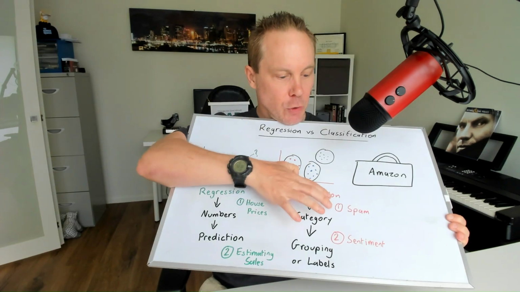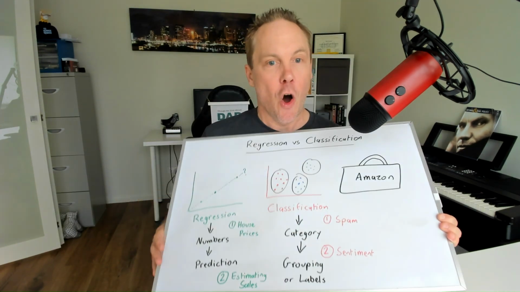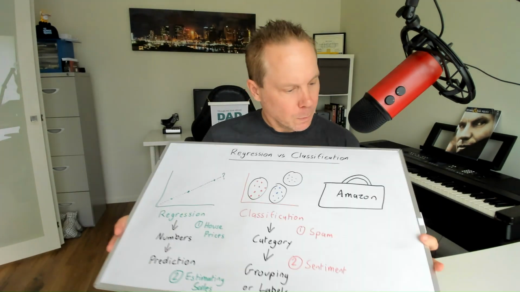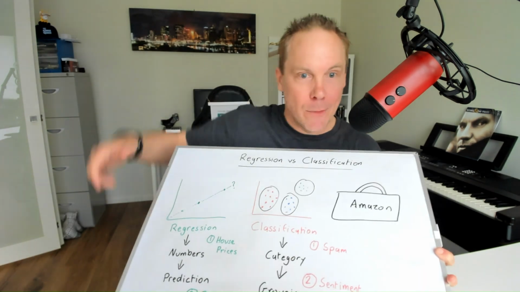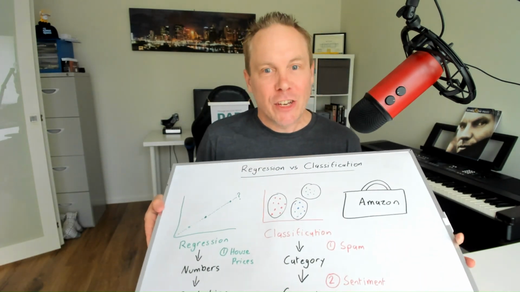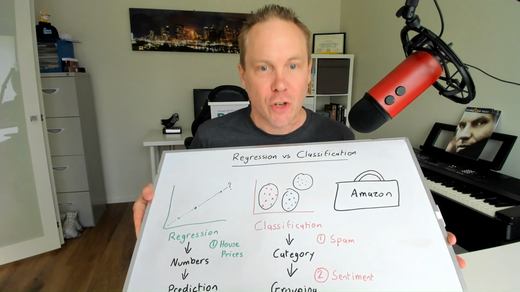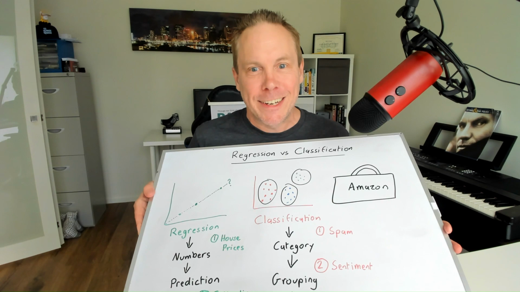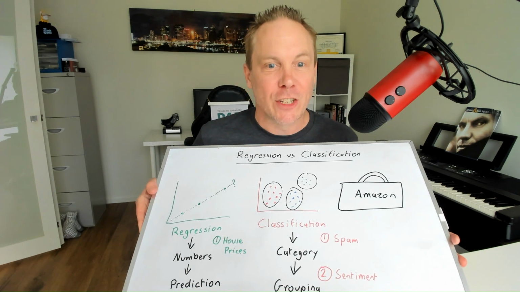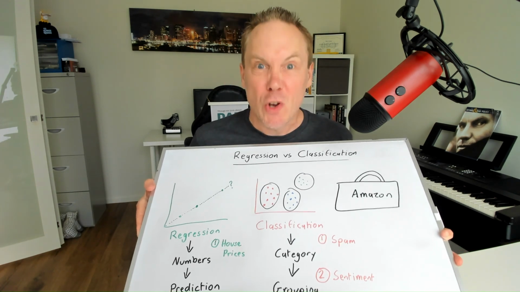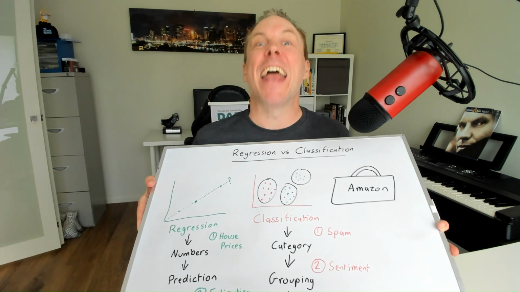You can see those two, spam and sentiment analysis, are there on the board itself. Let's look at a case study now. Amazon. Amazon used classification in SageMaker to help revolutionize their product categorization. So they trained a model to automatically classify millions of products into the right categories, making search and recommendations a breeze.